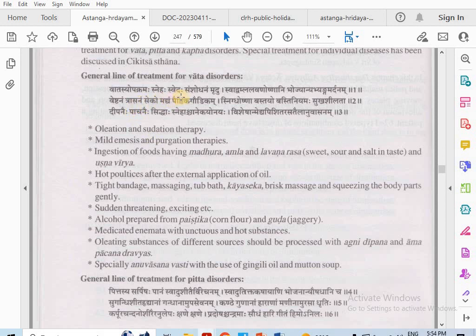Vatasyopakrama sneha sweda sansodhanam mrudu swadvam lavanoshranani bhojyanyabhyangamardhanam veshtanam trasanam seko madhyam paushtikagaudikam madhyam peshtikagaudikam snigdhoshna bastayo basti niyama sukhasilata.